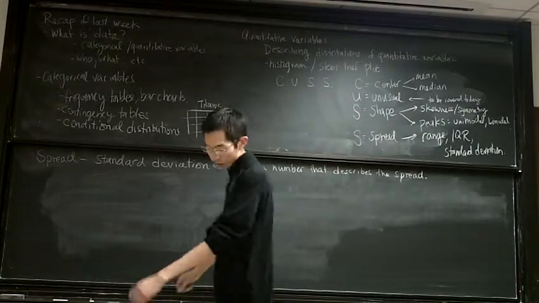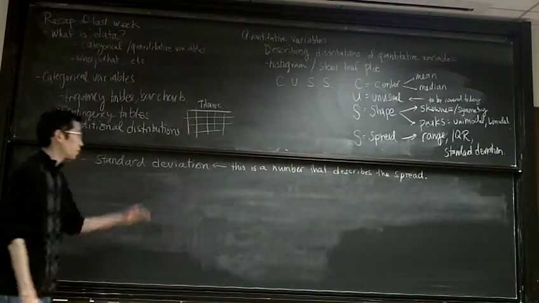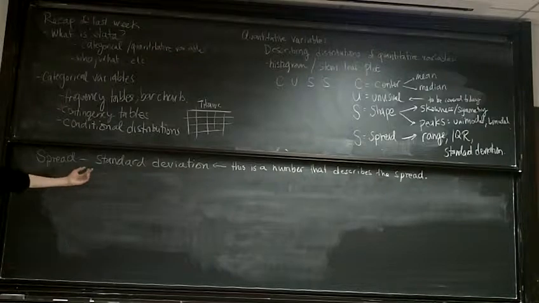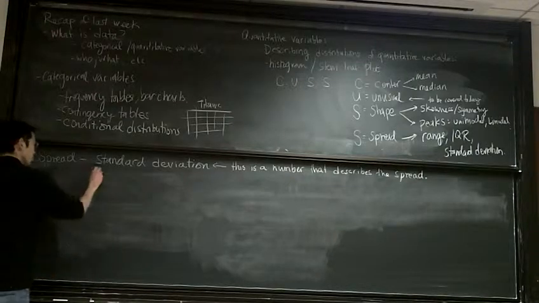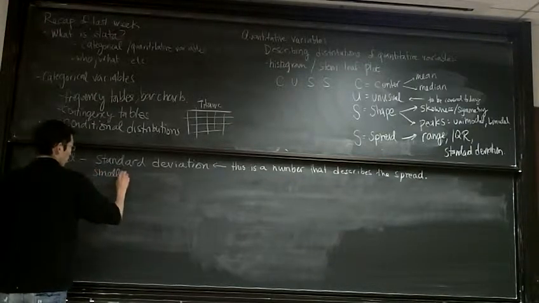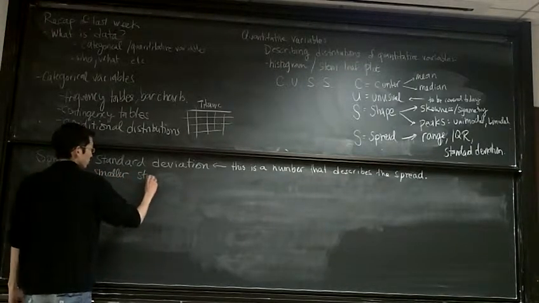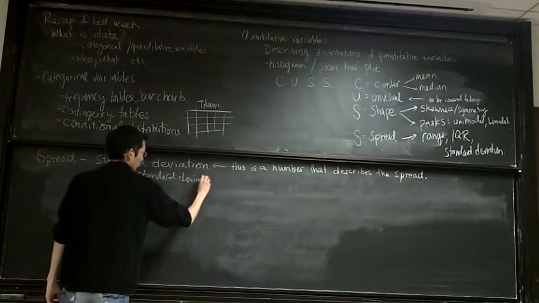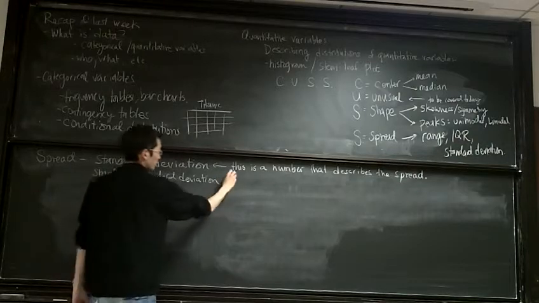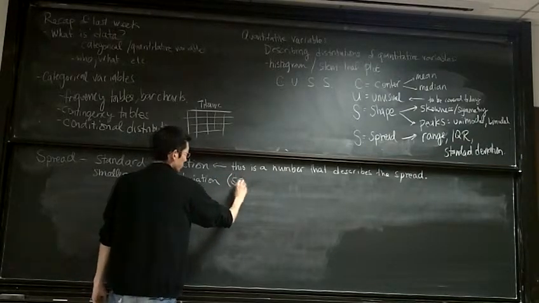Standard deviation describes the spread. A smaller standard deviation means we have less spread, and a larger standard deviation means we have more spread. I will abbreviate standard deviation as SD.